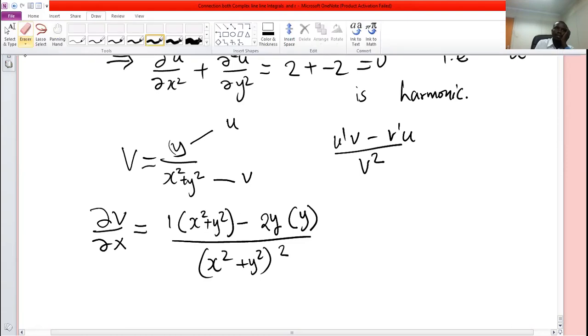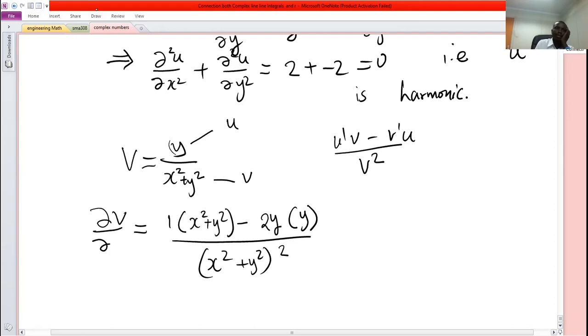This is the definition of partial v partial y, not partial v partial x.